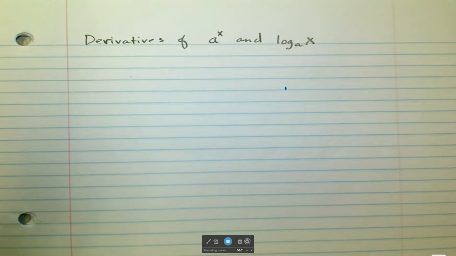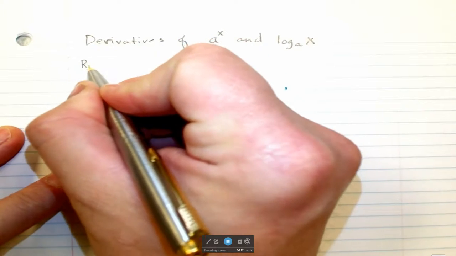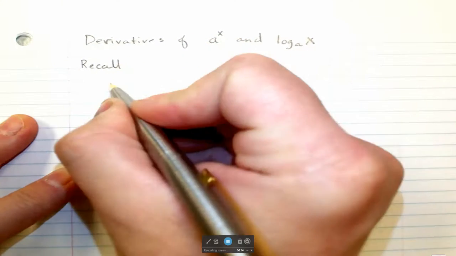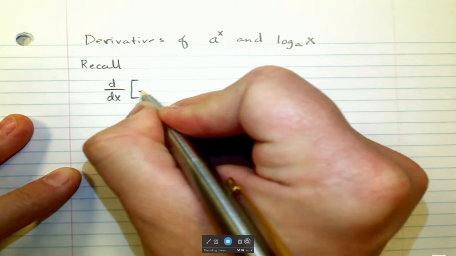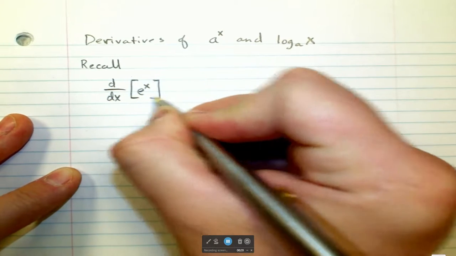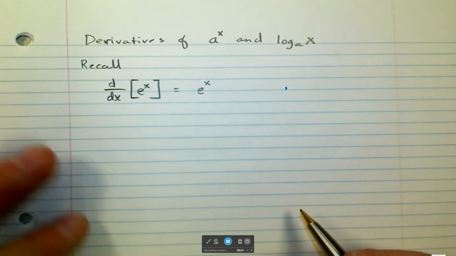So before we start on the derivatives of a to the x and log a of x, I want to derive some things. But first, we've got to recall a couple things. Recall that the derivative of e to the x is in fact just e to the x.